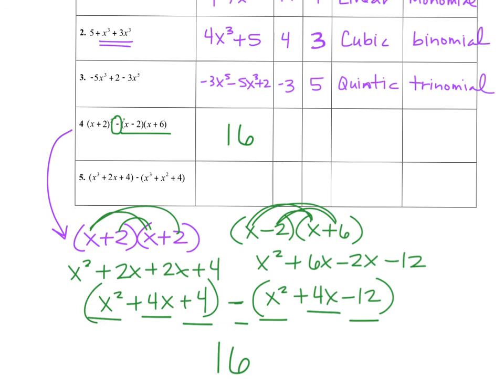What's your leading coefficient? Technically, it's the 16. There's no variable, but 16 is your leading coefficient. What's your degree? 0. Making it a constant. And a monomial, right? One term.